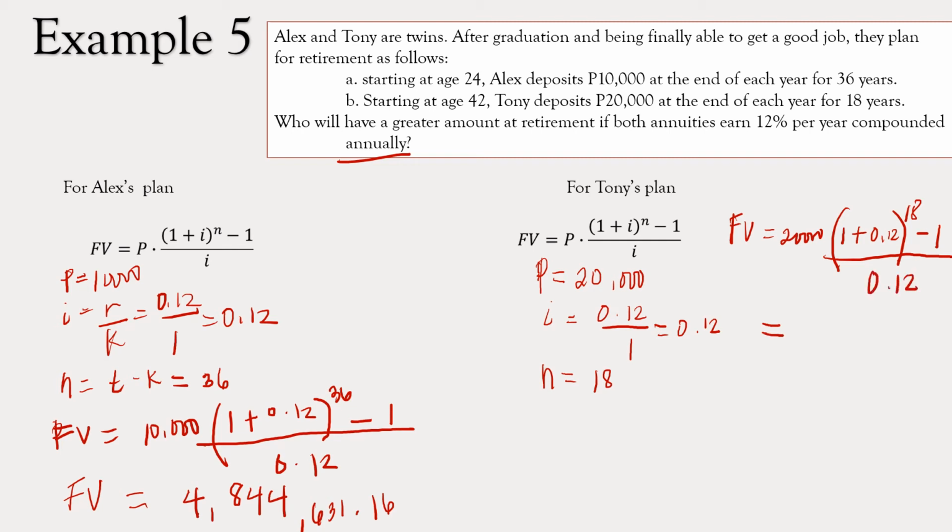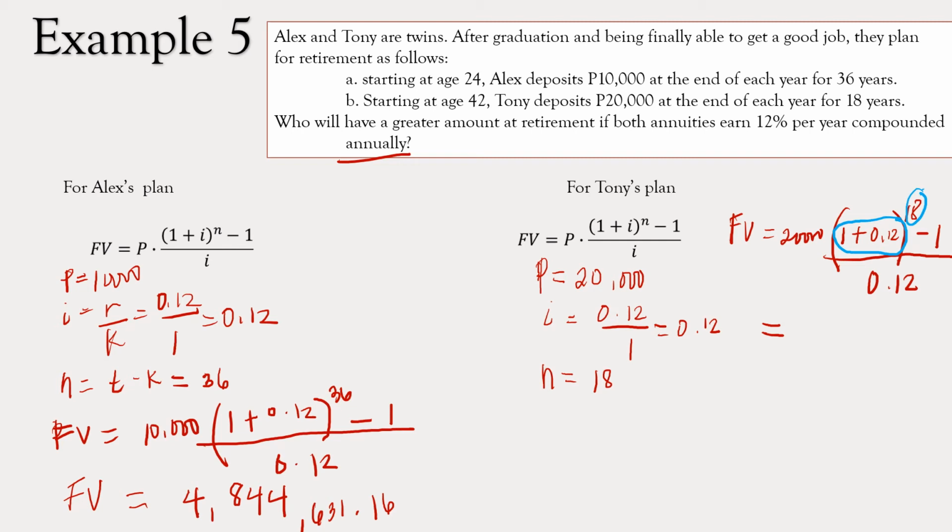So, again, ito muna yung unahin. I-plus muna yan, saka i-raise, mag-minus 1, mag-divide ng 0.12 times 20,000. So, 1.12 raised to 18 minus 1 divided by 0.12 times 20,000.